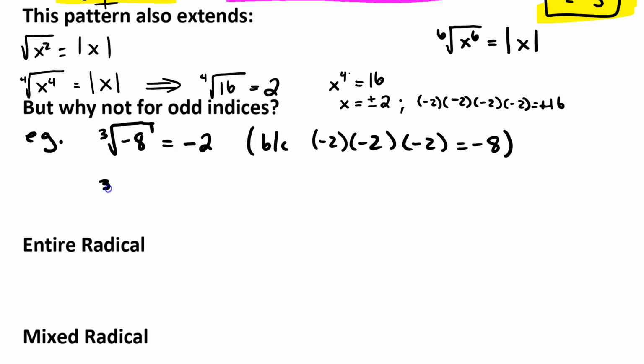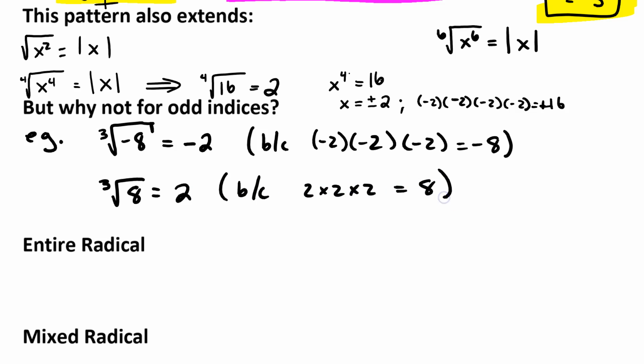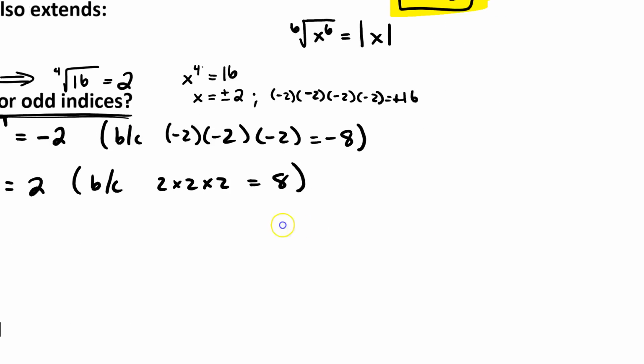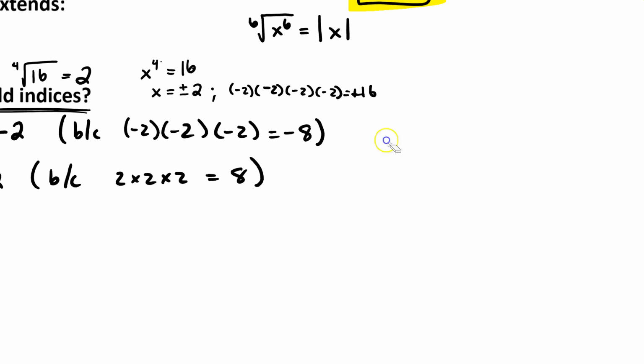If I were to take the cube root of +8, that's going to be +2, because 2 times 2 times 2 is 8. So we never have to worry about the principal square root when it comes to odd indices, because we will only have one answer. If I were to have the fifth root of -32, the only answer that it can be is -2. That's it.